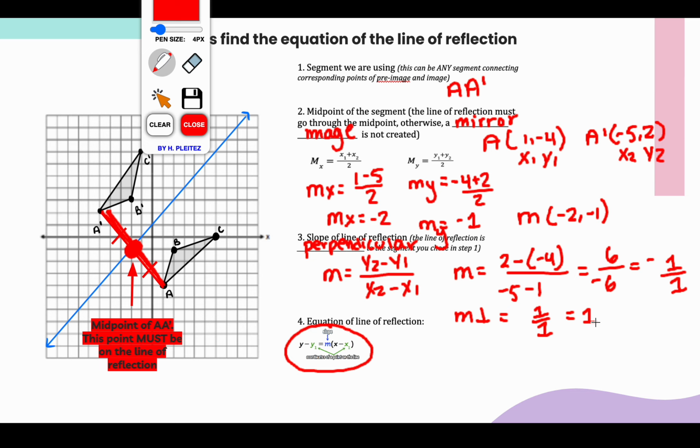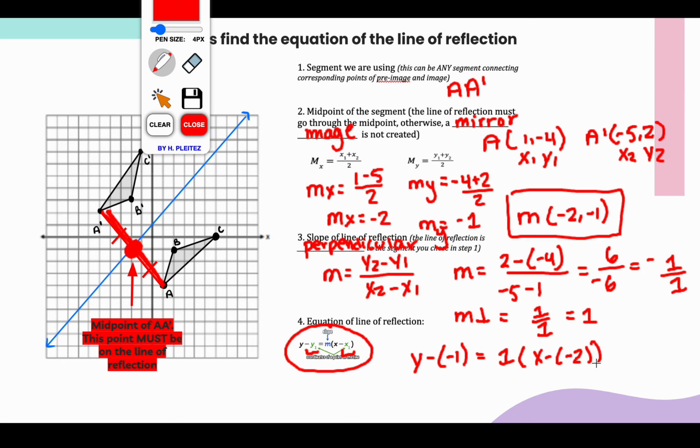So now we have what we need. We have our slope and we have a point on the line, and now we just plug it into this equation. Our x1 and y1 have to come from the midpoint, okay? So we have y minus -1 equals our slope, which is 1, times x minus our x1, which is -2, and then you can go ahead and simplify. So we get y plus 1 equals 1 times x plus 2, and this is a perfectly acceptable equation of your line.